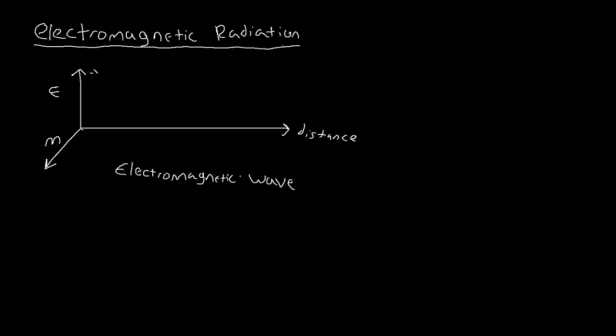And so what we can do is think of this wave as having two components. The first is an electric component, and it looks kind of like a sine wave, if you're familiar with the sine function from mathematics. It looks something like this.